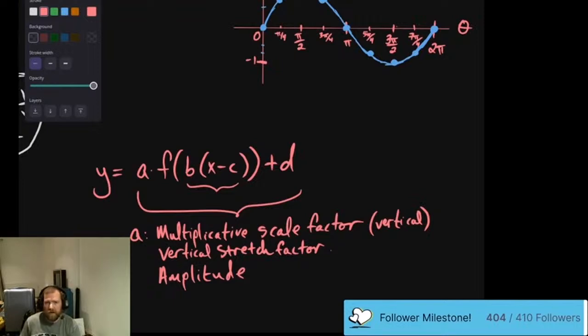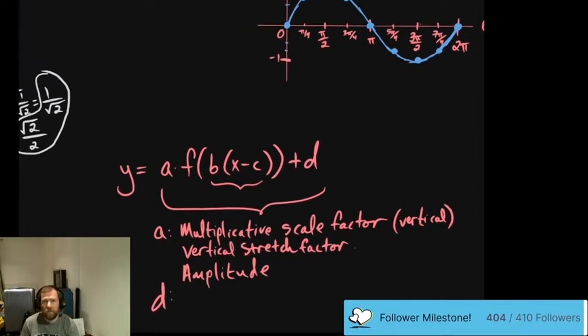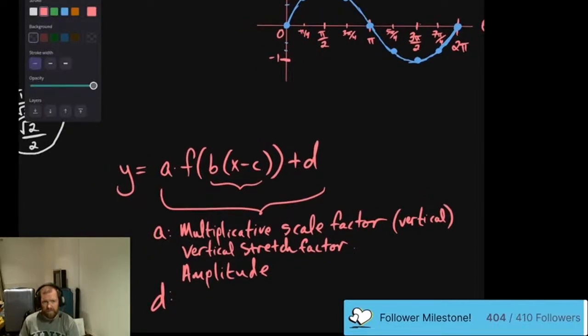Our d here is actually taking those y values that are coming out of the function and then adding to them. So here, if we took this 0 value and we just said +1 at the end of it, then that would take that 0 and move it up to 1.